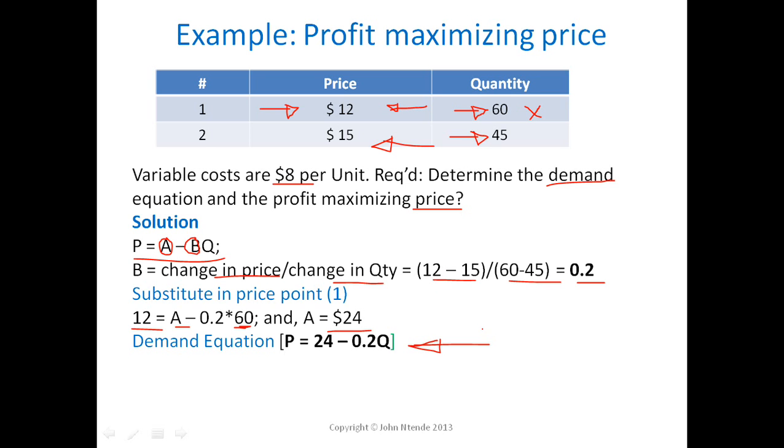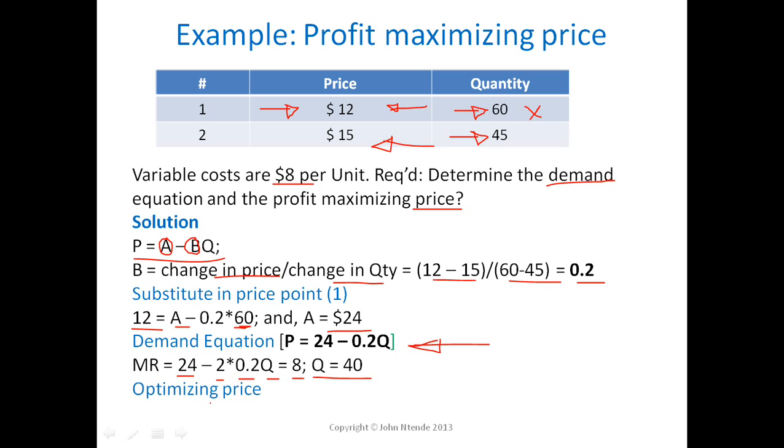To find the profit maximizing price, I told you marginal revenue is A minus 2BQ, and we're equating this to the marginal cost, which is 8. Now if I solve the simple equation, I get Q is equal to 40.